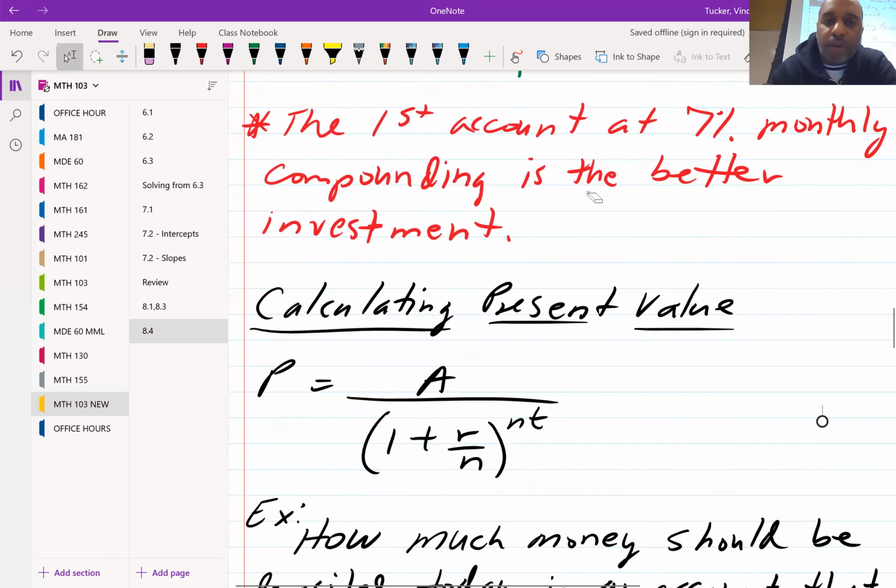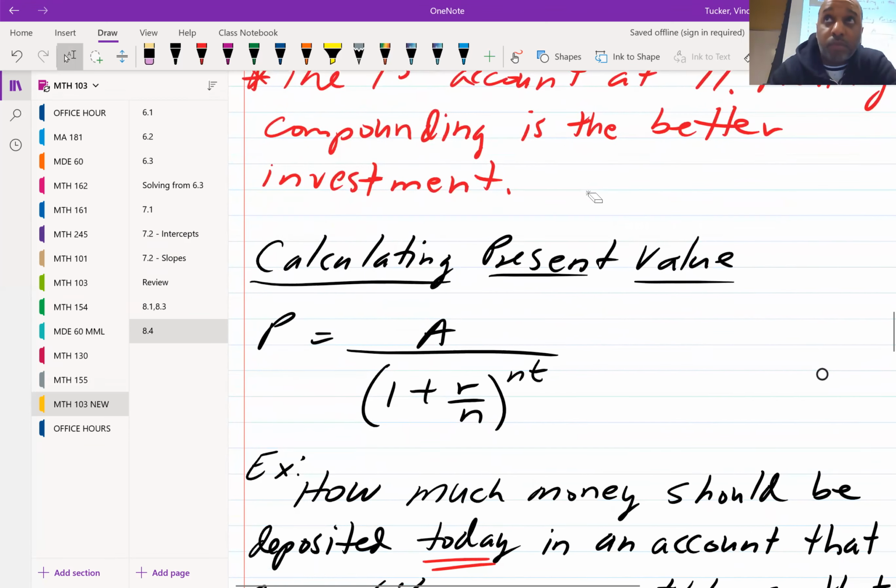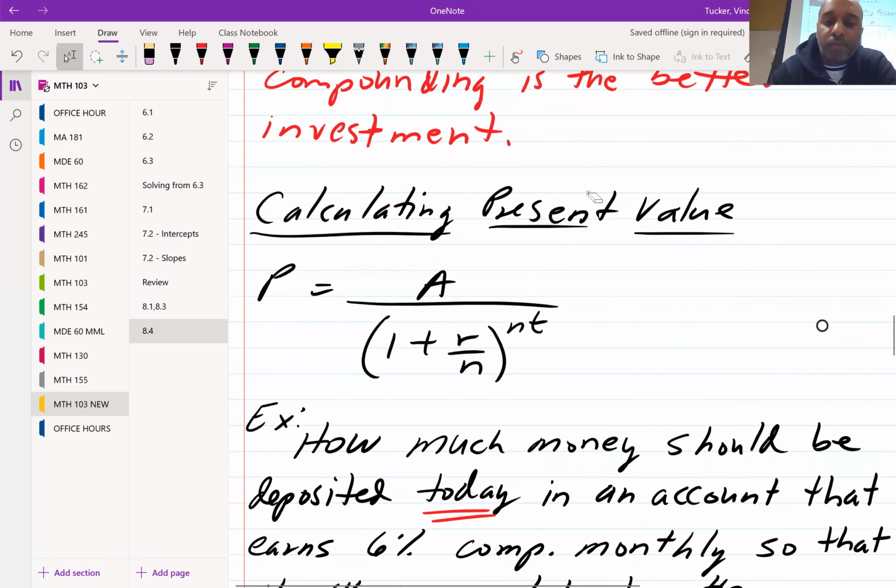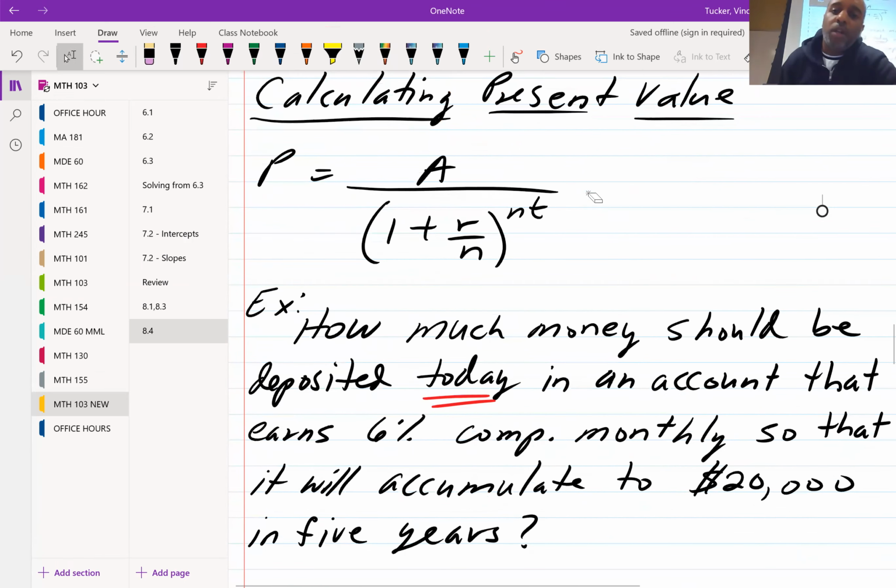All right, anybody holding on to the red? How much money should be deposited today? Let's just know we're looking at present value. How much should be deposited today in an account that earns 6% compounded monthly so that it will accumulate to $20,000 in 5 years?